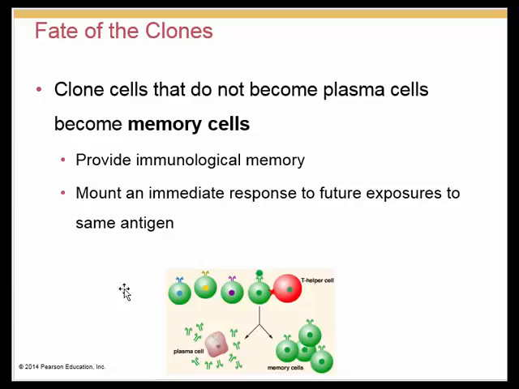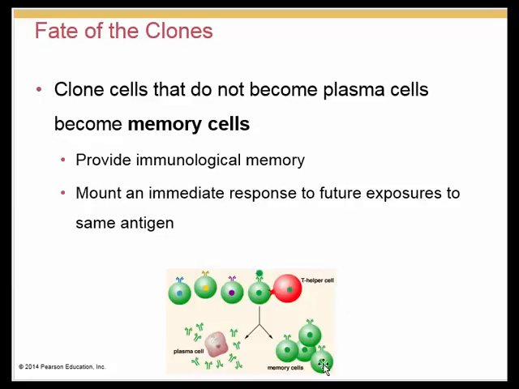A little bit more on the fate of our clones. The clones that don't become those plasma cells, they are very special. They become memory cells. So they aren't going to kick out a whole bunch of antibody and die. They have now been given a pass to live on forever. And these are the cells that are going to provide that immunological memory, that special component that the adaptive immune system has that the innate does not.